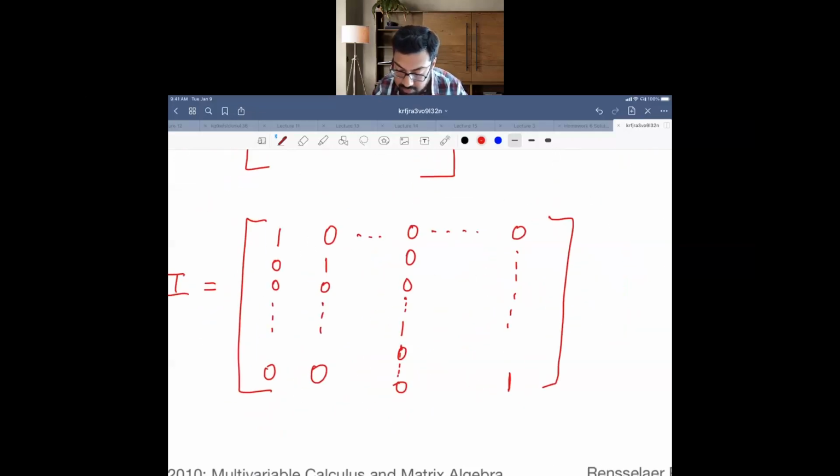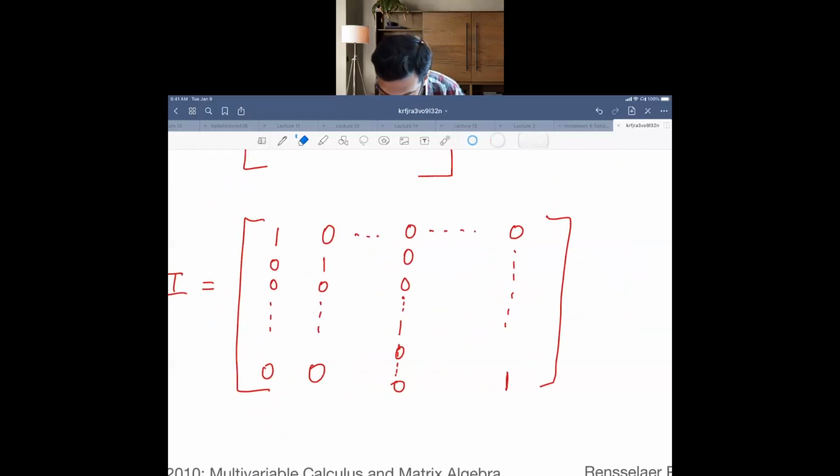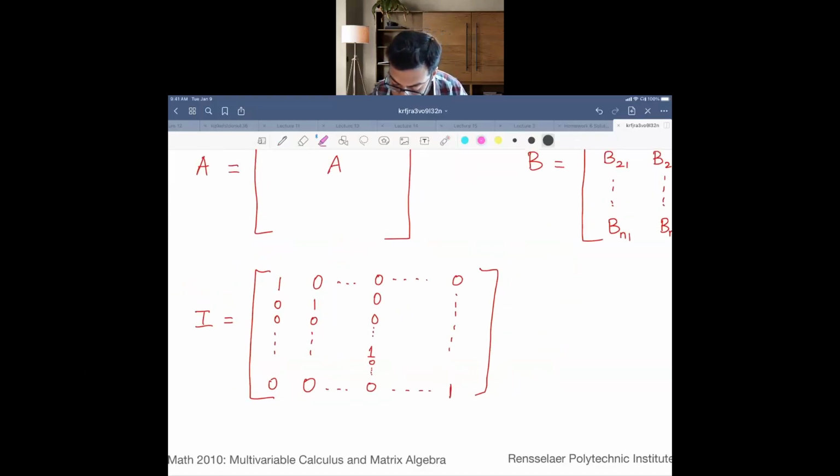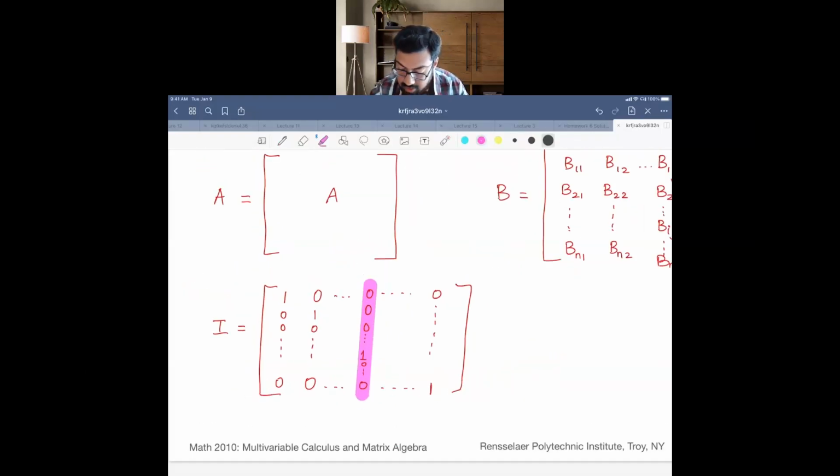Right, so let me just clean up. So I have a 1 there. Zeros will continue, and then you will have a 1 there. Then you will have a bunch of zeros all the way to the end, right? So this is my jth column that I'm considering.